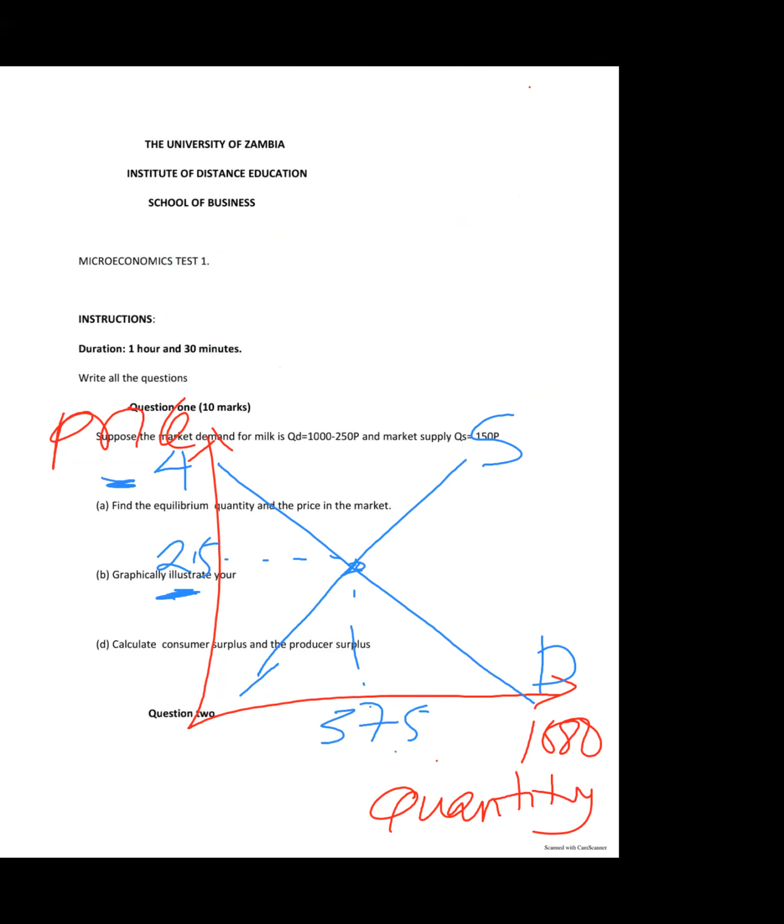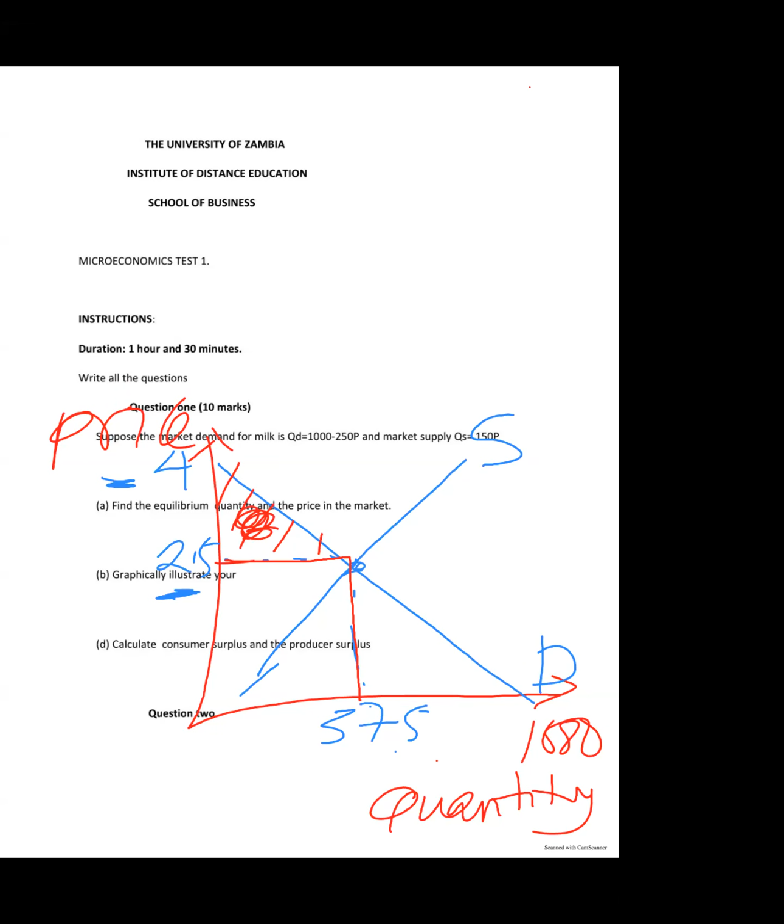Consumer surplus is basically the area of this triangle. It is the area above the equilibrium price and below the demand curve, bounded by the vertical axis. This is the area that we are talking about.